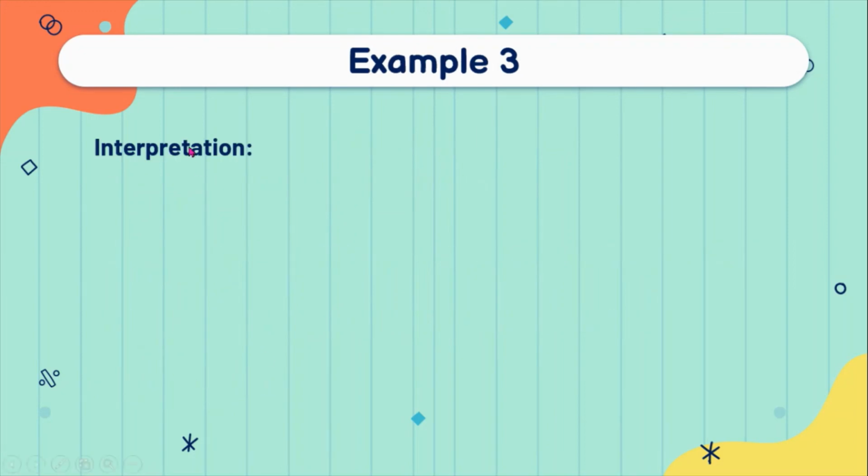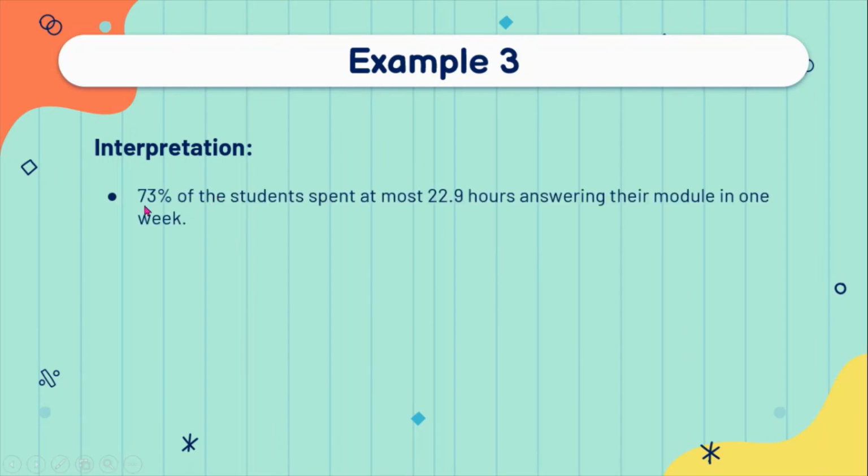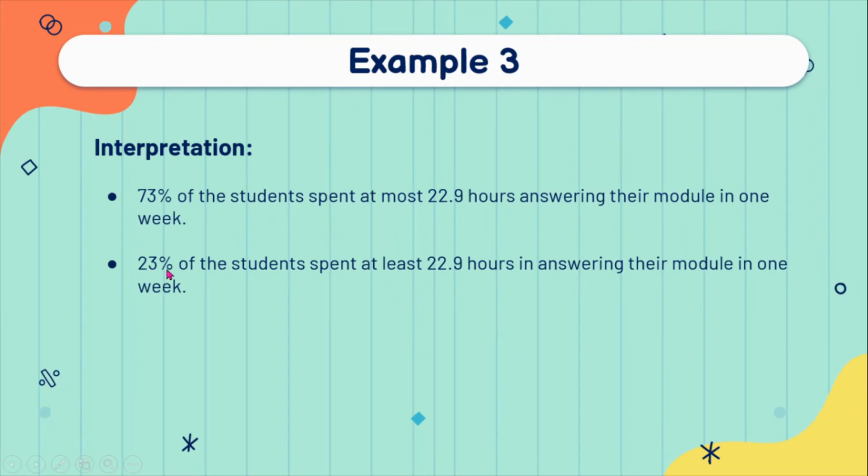So how do we interpret this? That is, 73% of the students spent at most 22.9 hours answering their module in 1 week, or 23% of the students spent at least 22.9 hours in answering their module in 1 week.